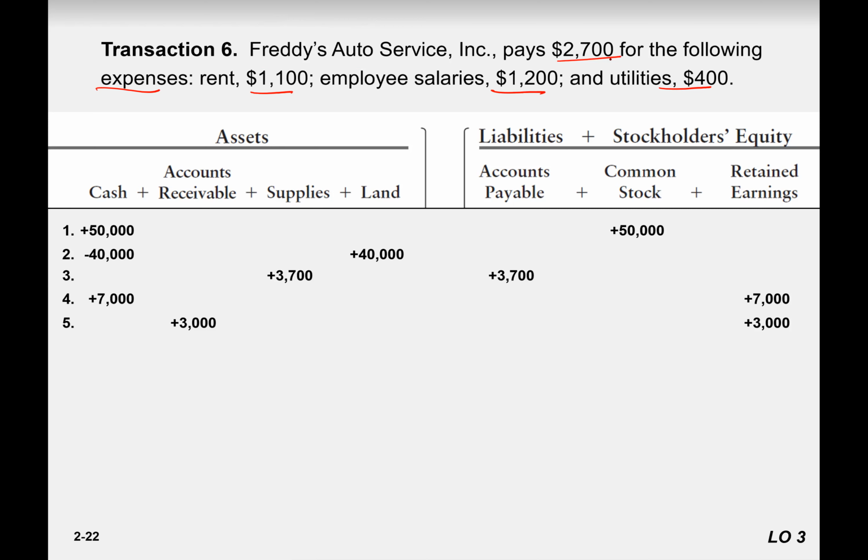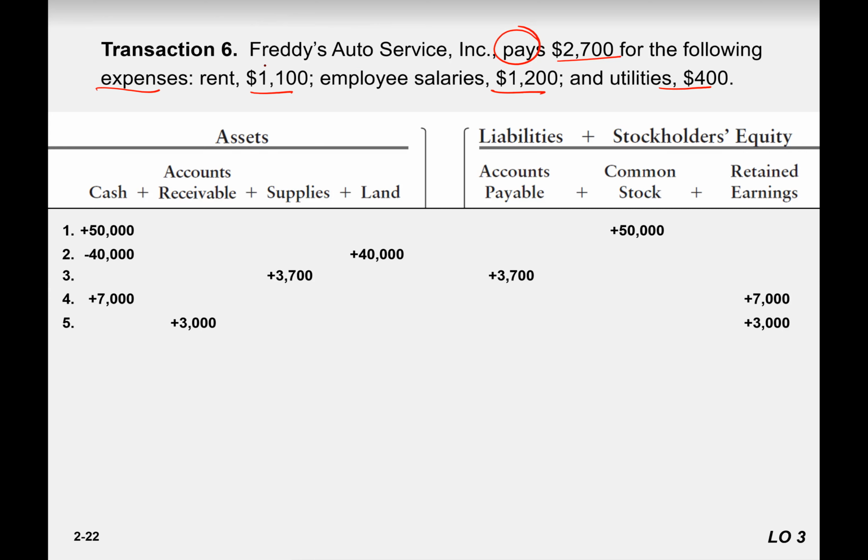Friday Auto Service Incorporation pays 2,700 for the following expenses. Rent 1,100. These are their expenses they paid. It didn't mention that they will pay later. It means they paid through cash.